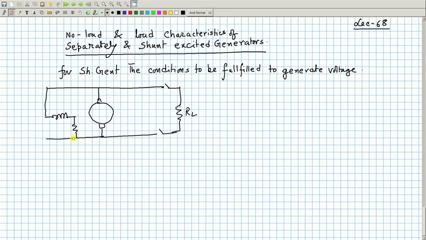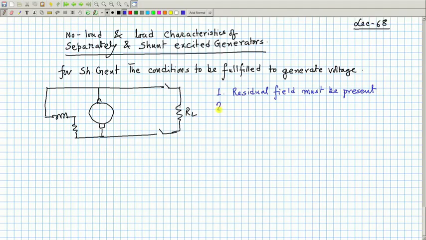So, first point, number 1: the generator must have some residual field present.